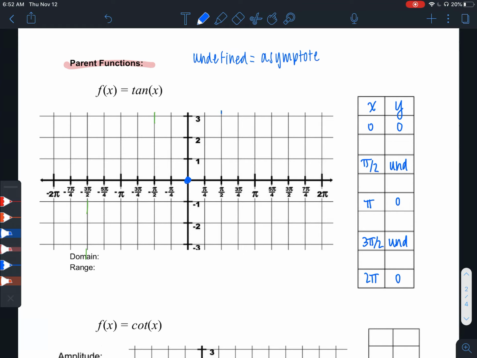Undefined means we have an asymptote. Pi, 0. 3 pi over 2, undefined, so an asymptote, and then 2 pi, 0. Now, that tells us nothing about the graph. We don't have really anything to show there. So we're going to have to add in some more key points.